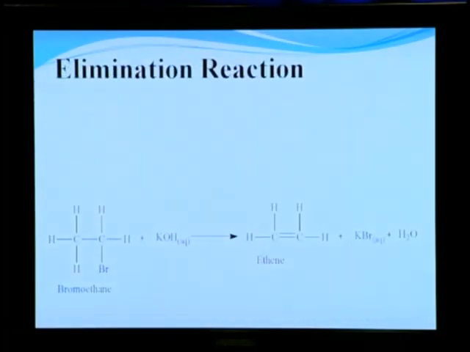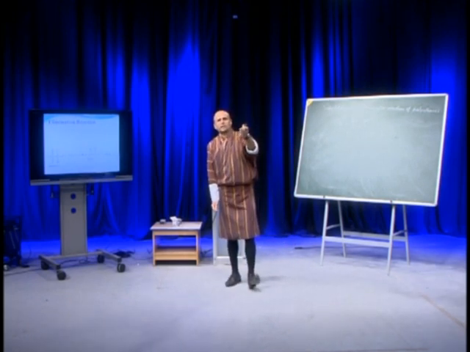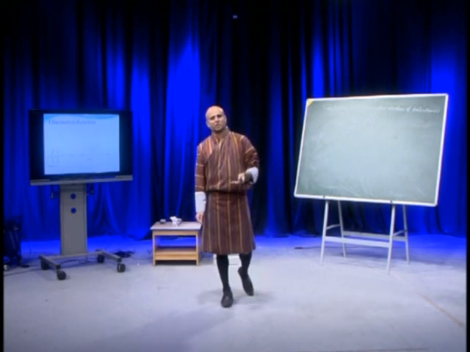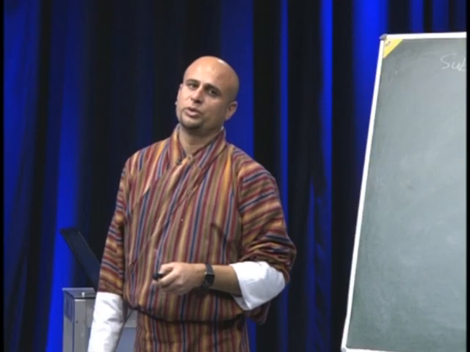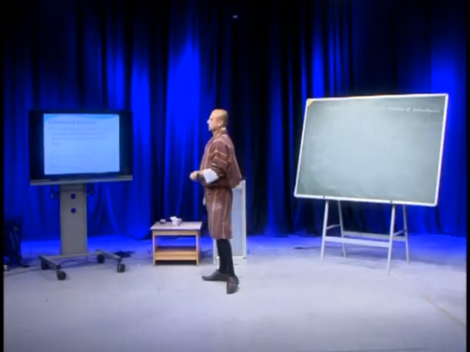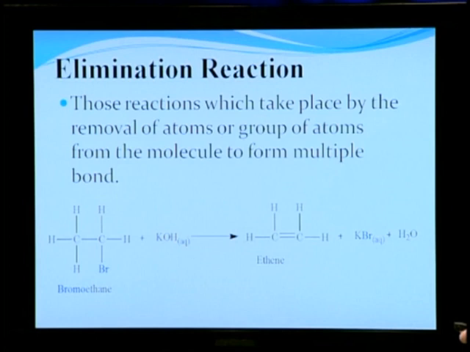Now, as we have discussed in the beginning, when I say nucleophilic attack, it can be nucleophilic substitution reaction, or it can be nucleophilic elimination reaction. So now, let's discuss nucleophilic elimination reactions. What are elimination reactions? Any reaction which takes place by the removal of atoms or group of atoms from a molecule to form multiple bond is called elimination reaction.